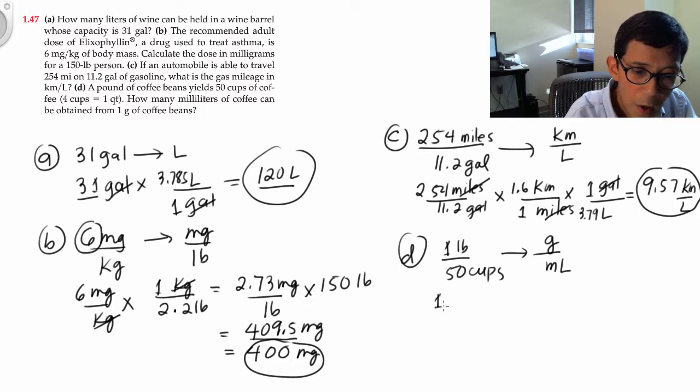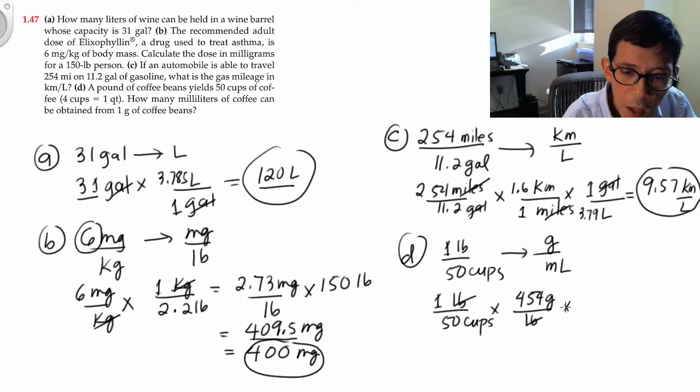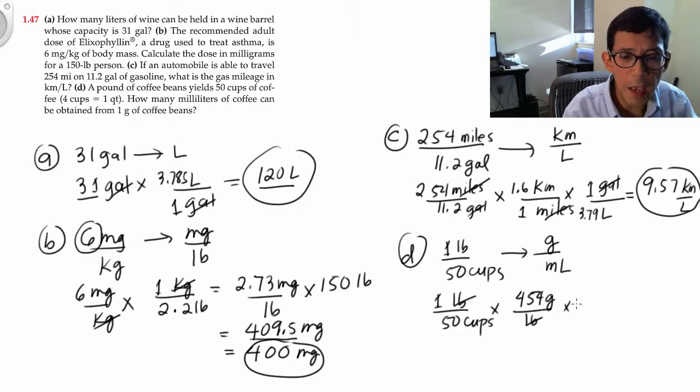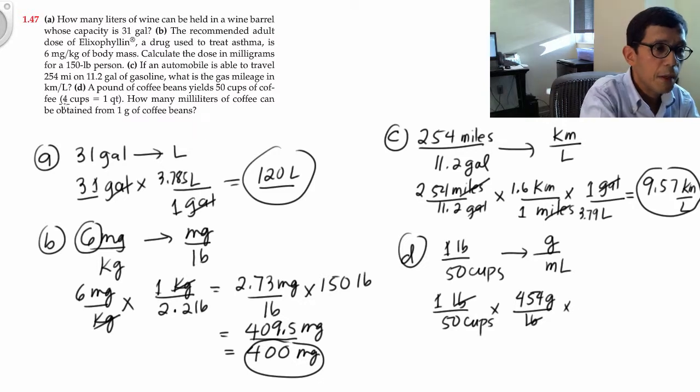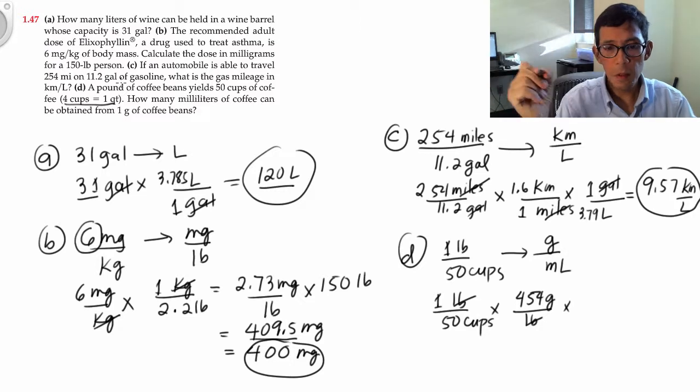So 1 pound per 50 cups times there are 454 grams to a pound, so pound cancels. What is the conversion between cups and milliliters? So we go from cups to quart and then quarts to liters.